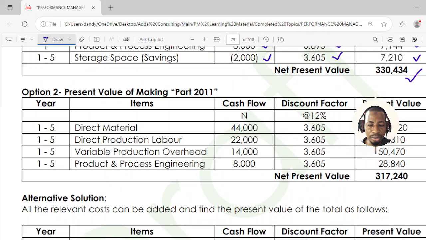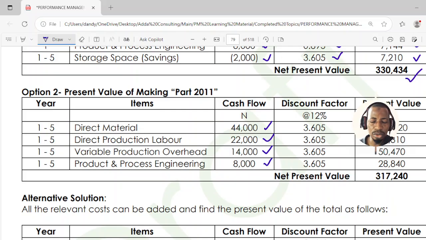If the company wants to produce part 2011 internally, what are the costs to be incurred? What is the present value? All those cash flows will be for the period of the contract. The direct material of 44,000, the direct production labor of 22,000, the variable production overhead of 14,000, and the product and process engineering of 8,000 are per year.